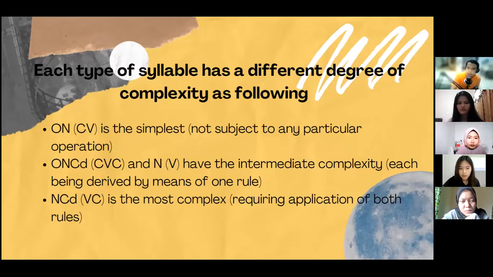Nucleus coda, vowel consonant, is the most complex, requiring application of both rules. Association between syllable complexity and various linguistic properties in a diversified sample of 100 languages representing 4 degrees of syllable or phonetic complexity: simple, moderately complex, and complex, as defined by Maddieson 2006.